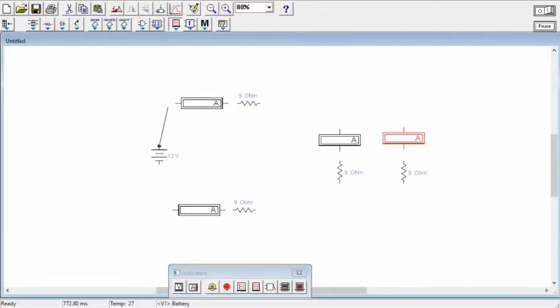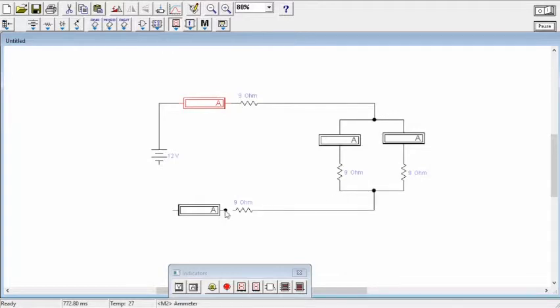We'll now connect. For the voltmeter, it is across the resistor.